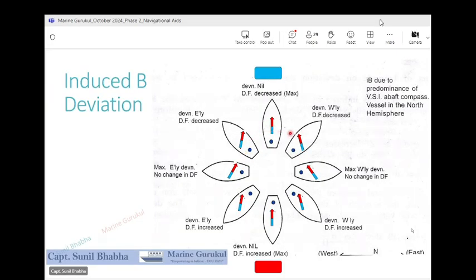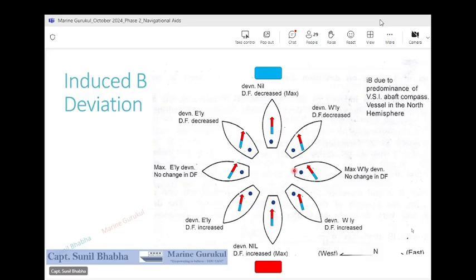So we can see that the deviation which is generated is semicircular. From 000 to 180, the deviation generated is westerly, and from 180 to 360, an easterly deviation is generated.